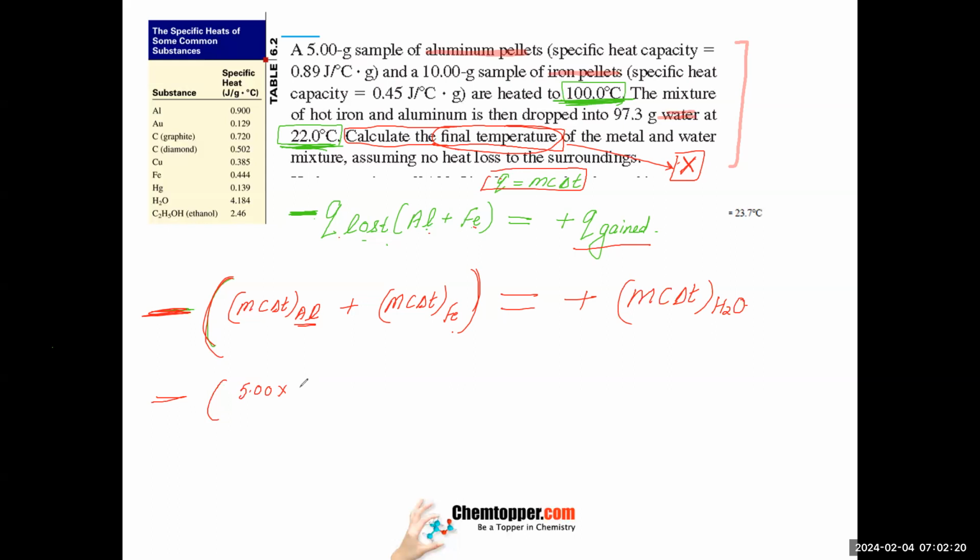C of aluminum, 0.89, in the question. Delta T, here, C is given. Delta T. I'm assuming the final temperature is X. Delta T is T final minus T initial. So what is delta T, children, if the final is X?